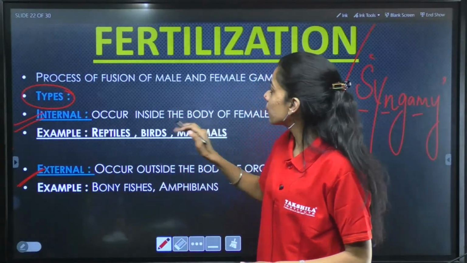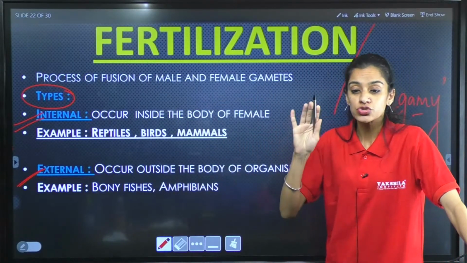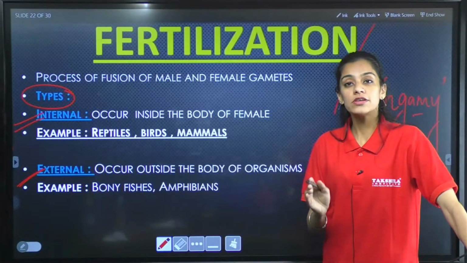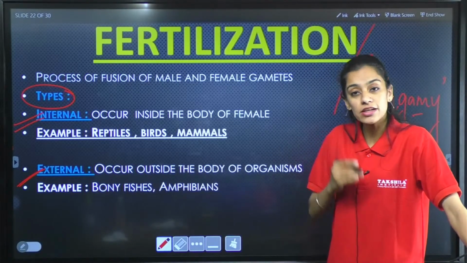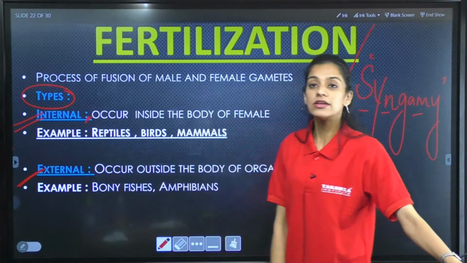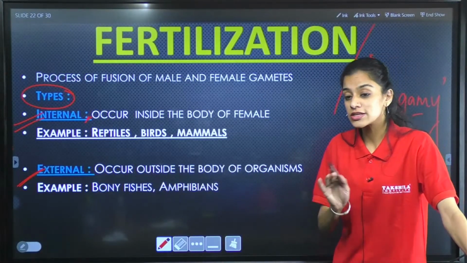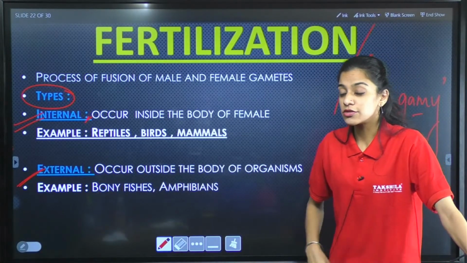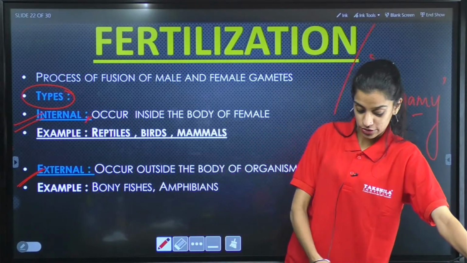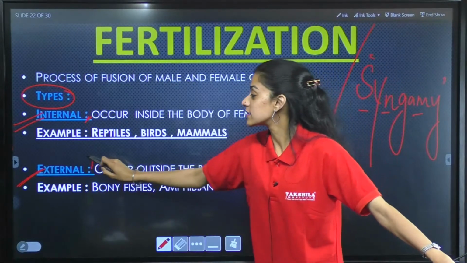Now if the fusion of male and female gametes is taking place inside the body, that is referred to as internal fertilization, right? And if the fusion process is taking place outside the body, then it is external fertilization.